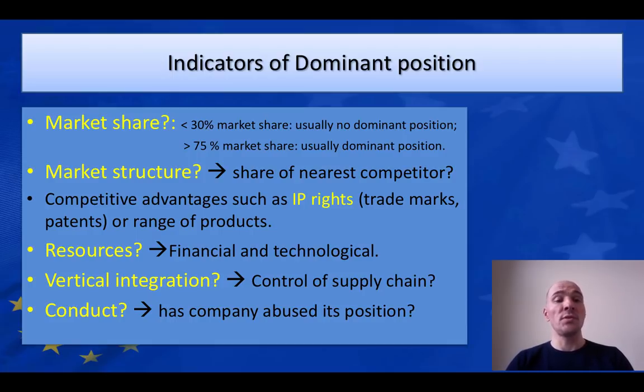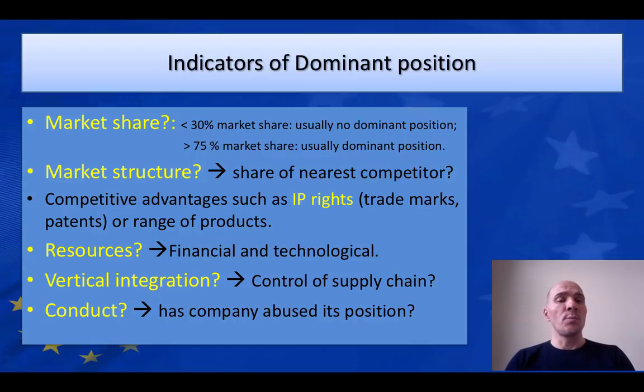But also we should look at other competitive advantages, such as how strong is the portfolio of the company in intellectual property rights, IP rights. How many patents does it hold? How many trademarks does it have? How strong are the trademarks? If you think of some companies have brands that are so strong that also exerts a certain dominance. Coca-Cola, for example, Apple, and so on.